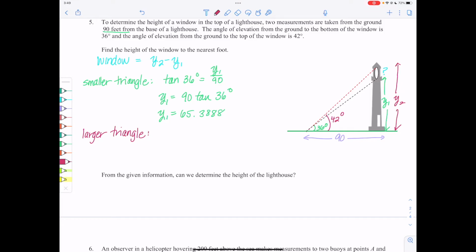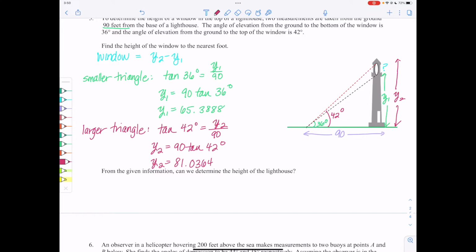And of course, we have the tangent again, and the tangent of 42 degrees is now y2 divided by 90. So y2 is equal to 90 times the tangent of 42 degrees. And y2 is 81.0364.